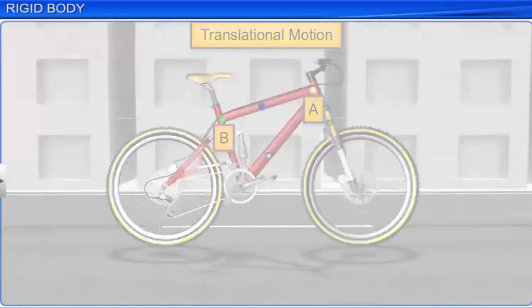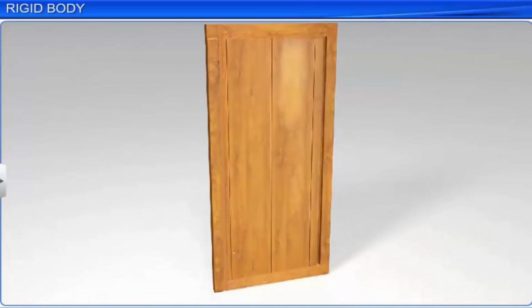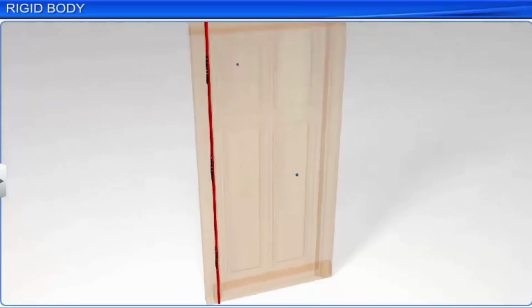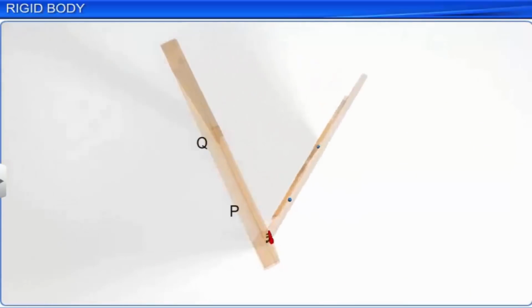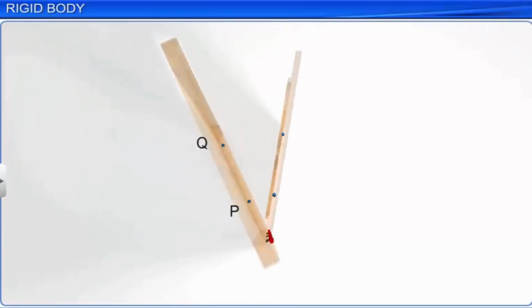Let us consider another rigid body, a door. Mark 2 points P and Q on the door and observe their motions as the door is opened or closed. When the door is in motion, do the 2 points P and Q have the same displacement? Their displacements are not equal.